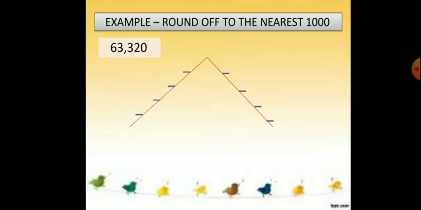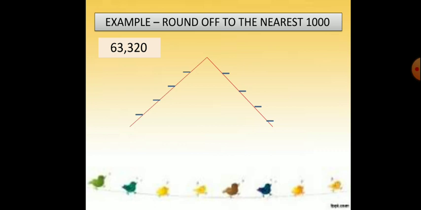Let us see another example. Here 63,320 is the number given, and we have to round this number to the nearest thousand. So let's begin. First we will see, this is a number line children. This I had made in mountain shape. You can make a simple number line also.